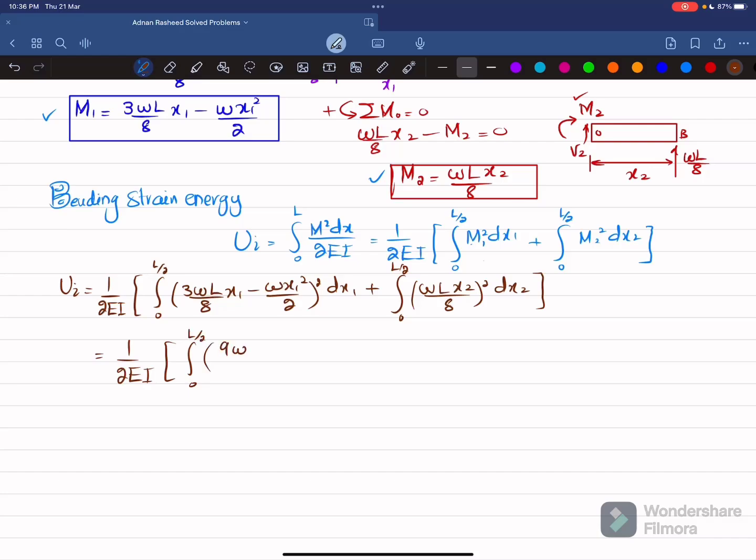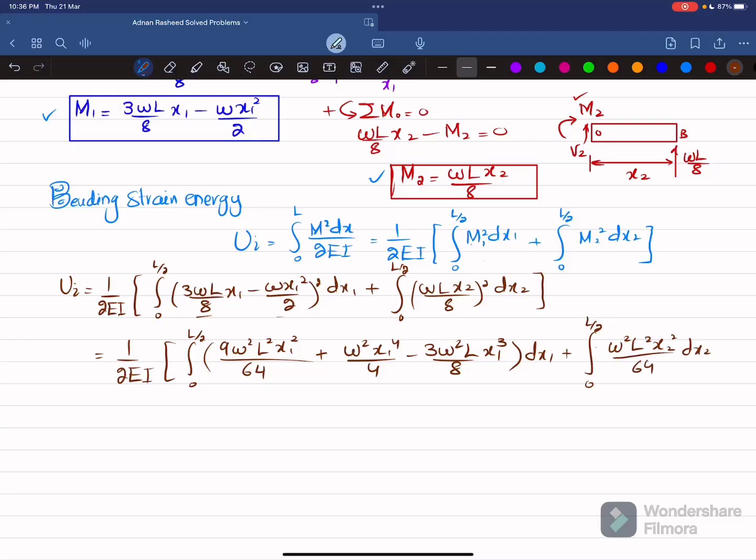This will be equal to 9 W square L square x1 square over 64, plus W square x1 power 4 over 4, minus 2 times this multiplied by this will give you minus 3 W square L over 8 x1 cube into dx1, plus this will give you integral of 0 to L by 2 W square L square x2 square over 64 dx2.